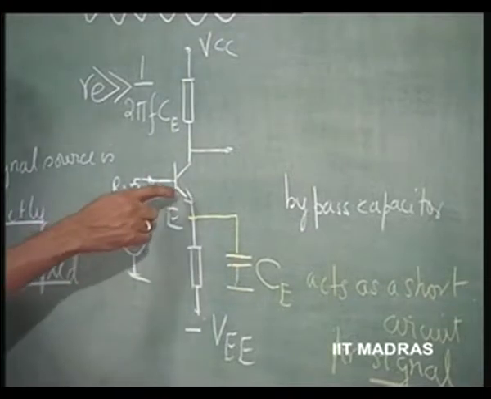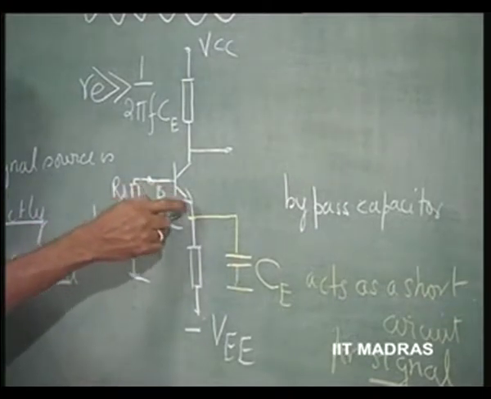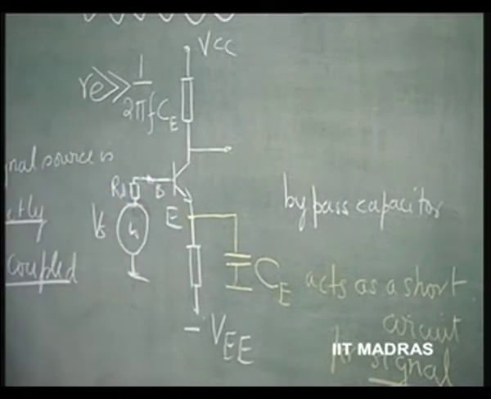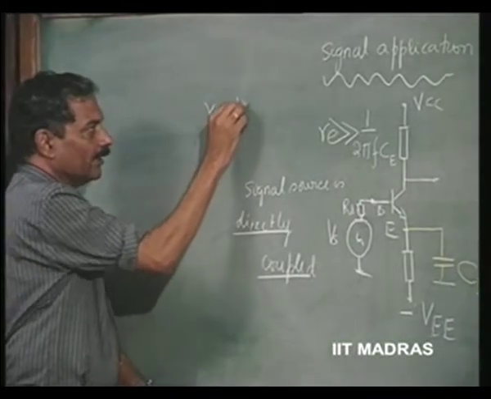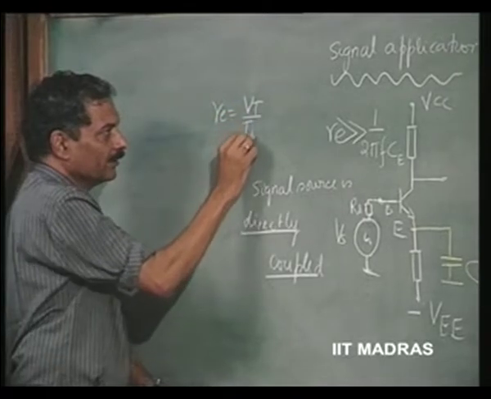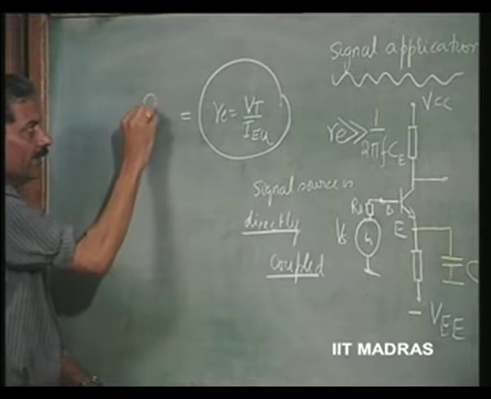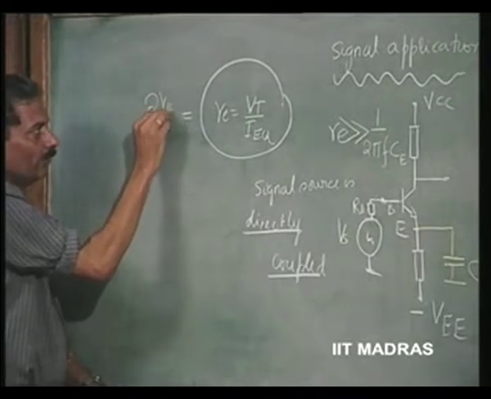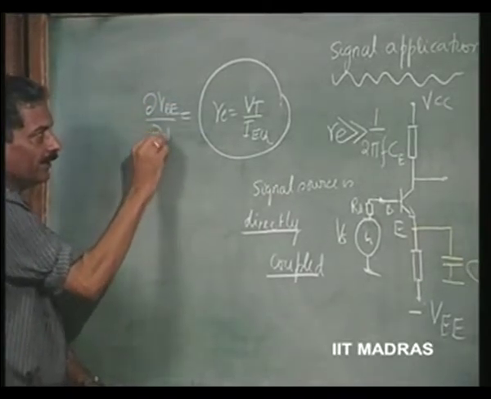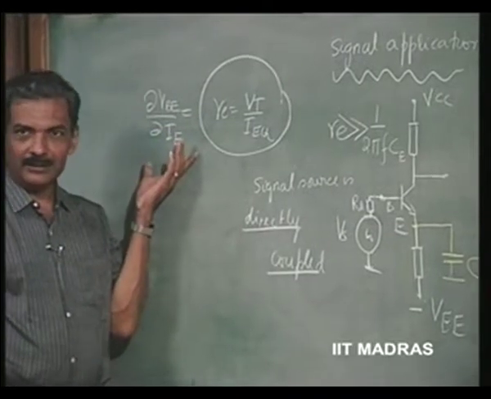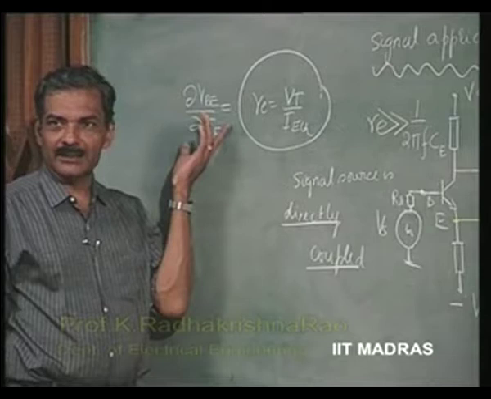If you assume that for small signal the resistance between base and emitter can be replaced by re, what is re? re is Vt divided by Ieq, which is nothing but delta Vbe divided by delta Ie. This we had already discussed earlier.